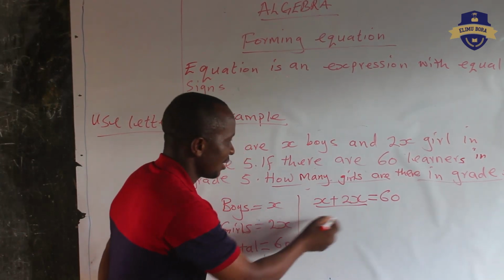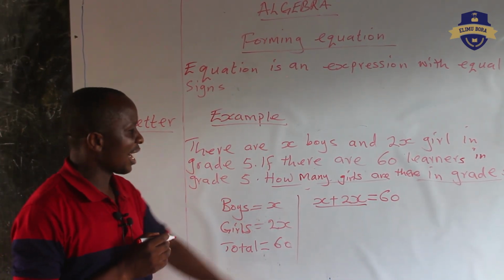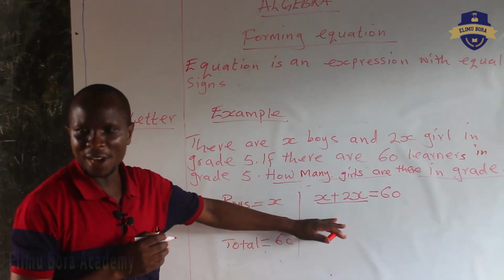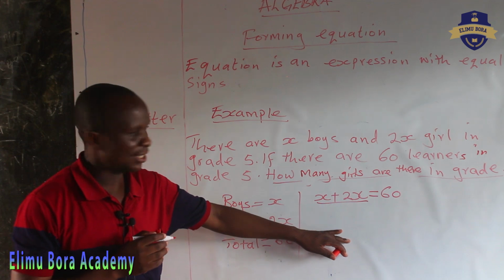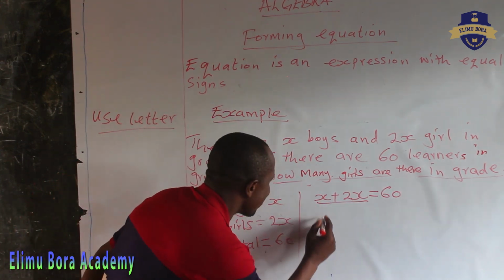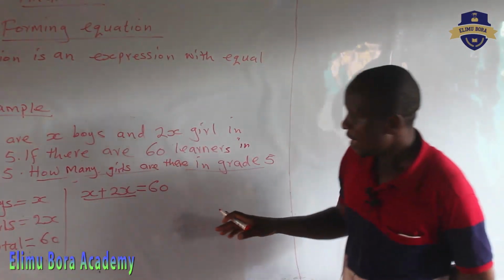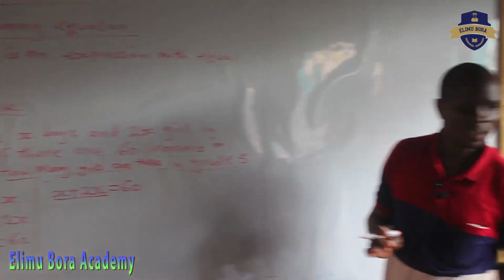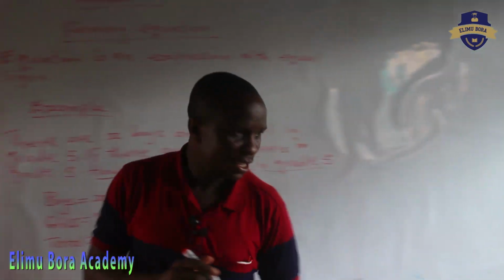The expression, then the whole of it, is what we call an equation. So we can move forward and simplify and find the total number of girls in that class.